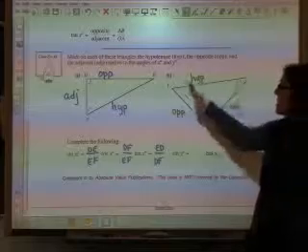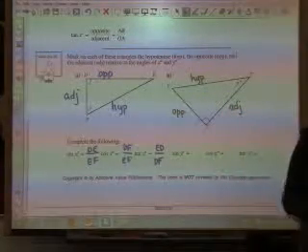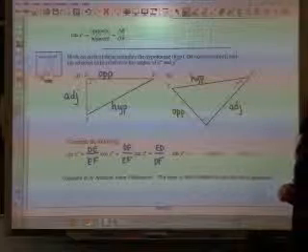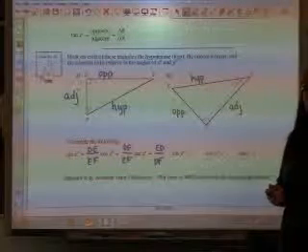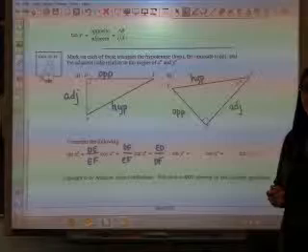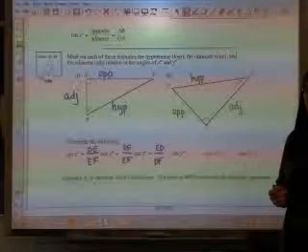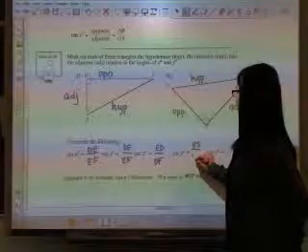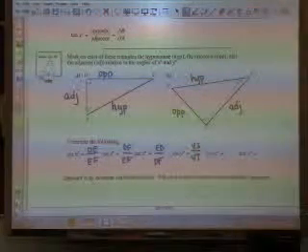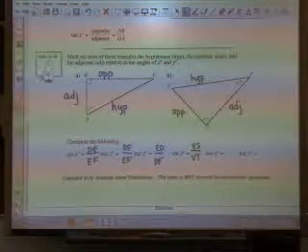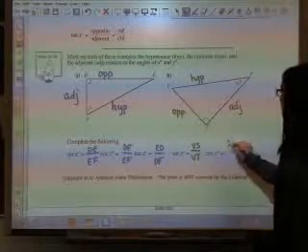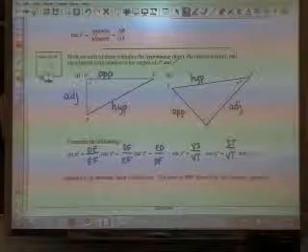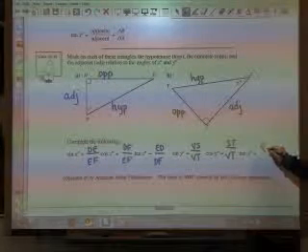So in terms of these letters, how would I describe my sine ratio? Sine of angle Y would equal what? VS over VT. What would cos be? And what would tan be? VS over ST. Good.